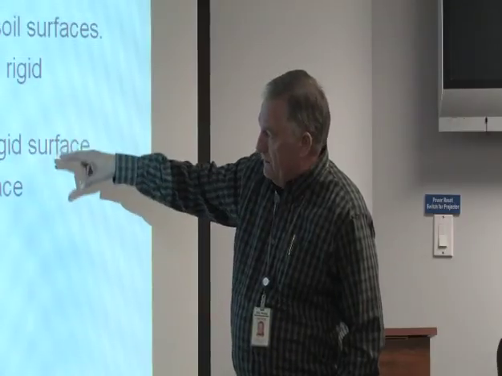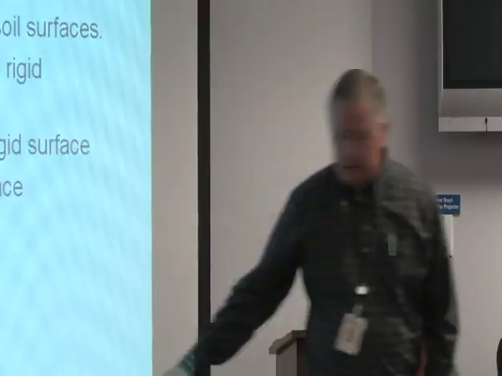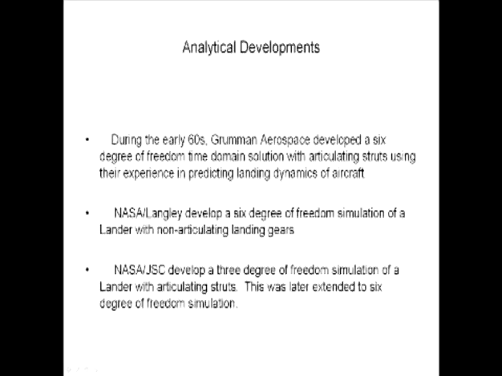And of course, growing into the full scale: Langley, 1/6 scale, JSC next. Grumman, I think, was ahead of the game on being able to develop the time domain simulation solution of the lunar module landing.